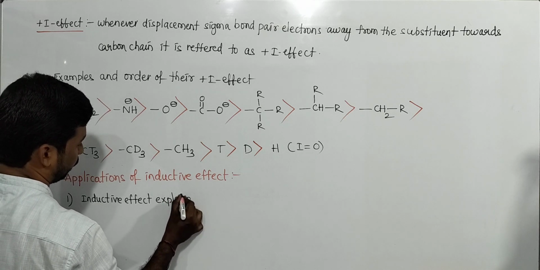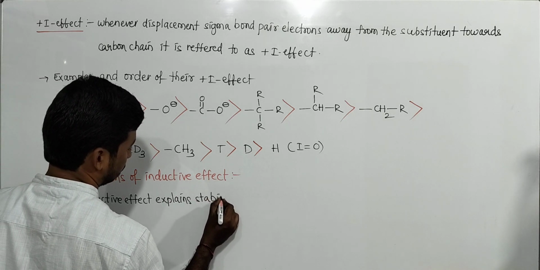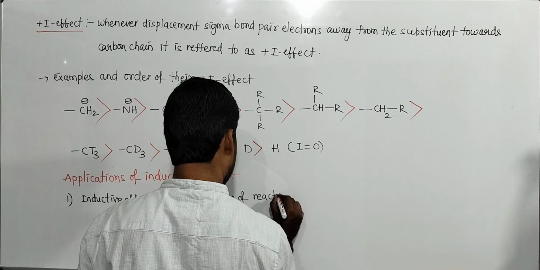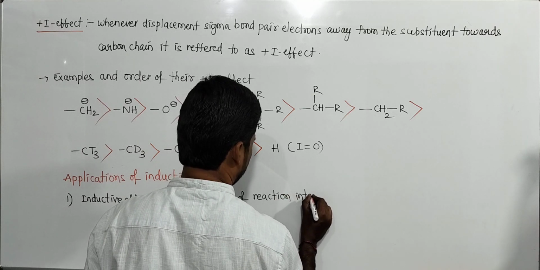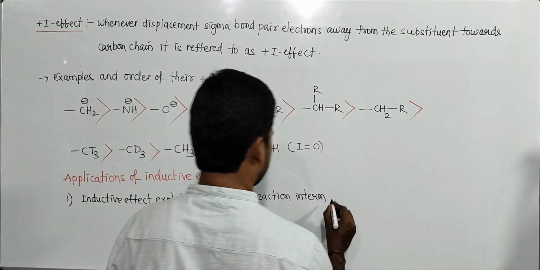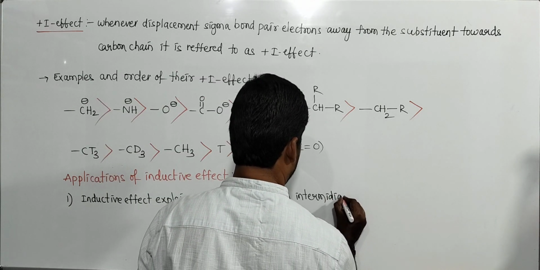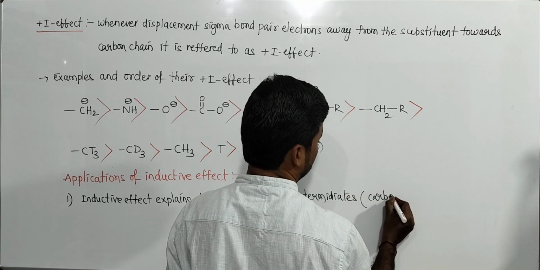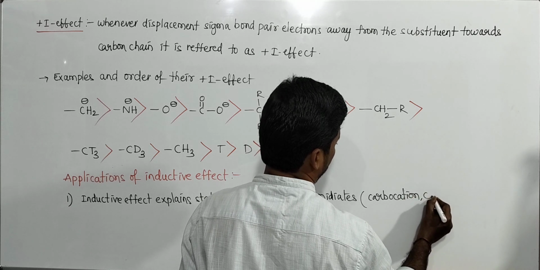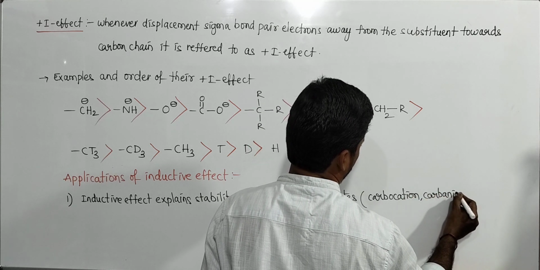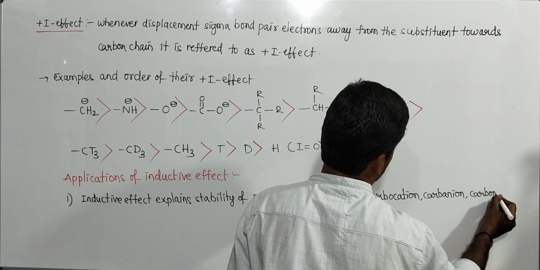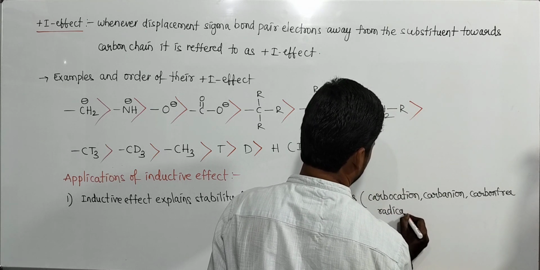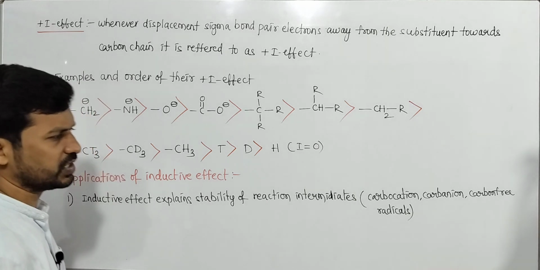What are reaction intermediates? Carbocations, carbanions, carbon free radicals, all these are reaction intermediates. Of course, we also have carbenes, benzynes, nitrenes.